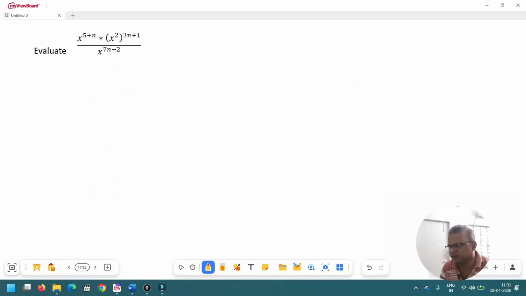Now consider the next question. Simplifying it. x to the power 5 plus n, x to the power 6n plus 2, divided by x to the power 7n minus 2.